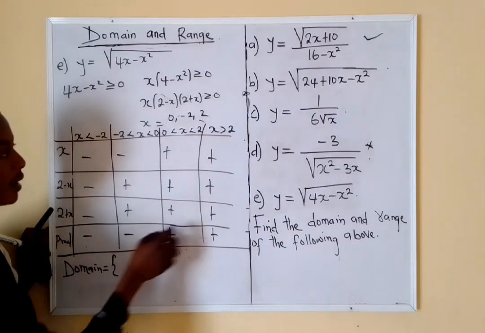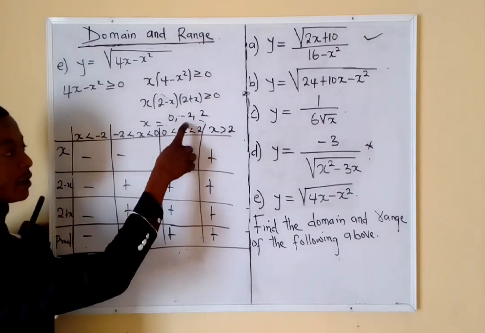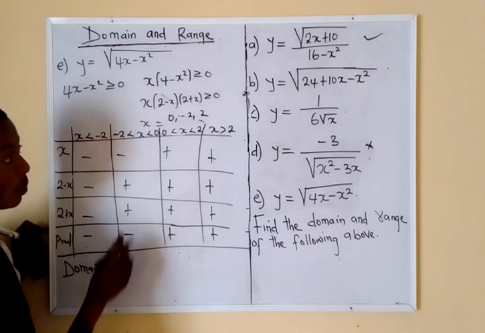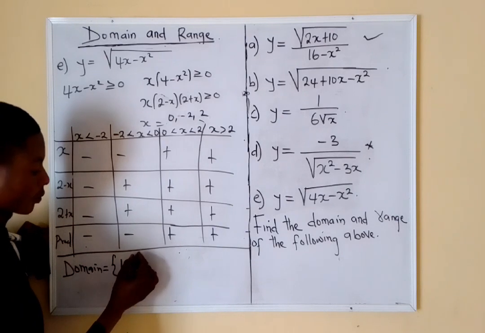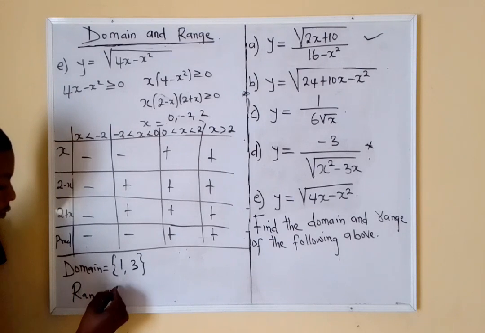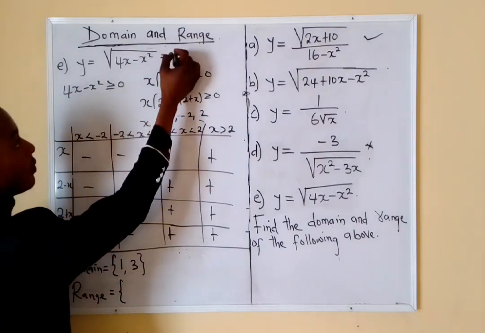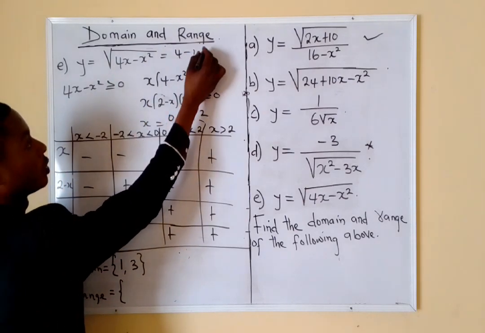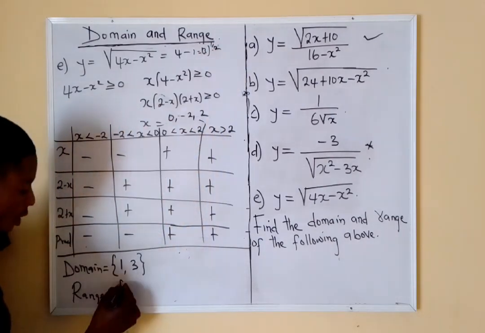Then for the range, to substitute 1 here, if we put 1 here, we are going to have 4 times 1 is 4. 1 squared is 1, which gives 3. So we have the square root of 3 as our first range value. If you also substitute 3 here, 4 times 3 is 12. 3 squared is 9. 12 take away 9 is 4.